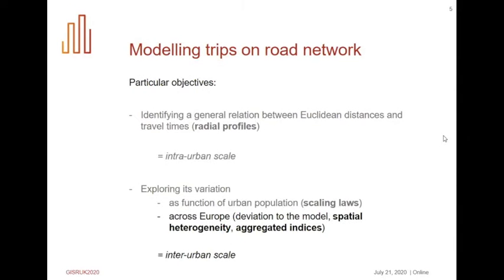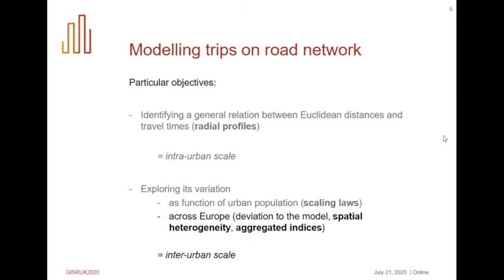All right. So here we are doing an empirical investigation of how the internal radial structure of the European city scales with its population. And we combine in the research the study of the internal structure of cities and the study of systems of cities. So we move from the intra-urban scale to the inter-urban scale, and conversely.